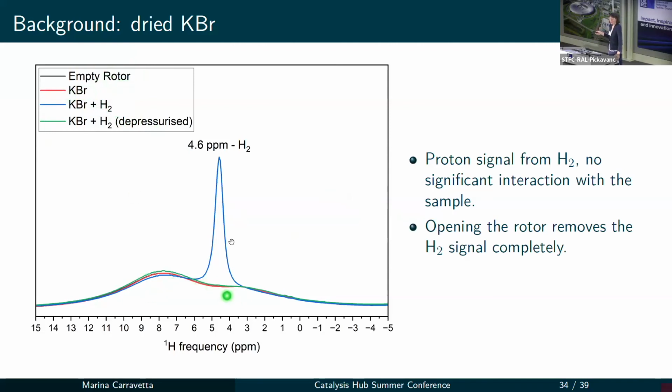And here we have the experiments for the empty rotor, KBr plus hydrogen, and then after some time when it's depressurized, and it's quite clear that we only have a single peak, and that's pure hydrogen with no significant interaction with anything. So this is our reference compound. And the baseline is due to the background of the rotor in part, because there will be protons in the plastic and the O-rings and so on.